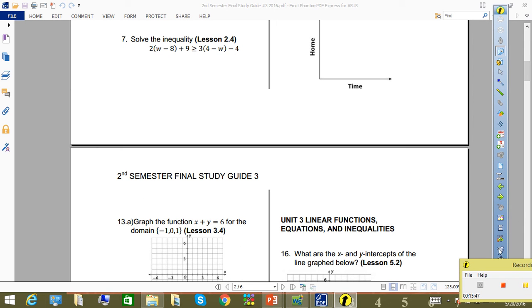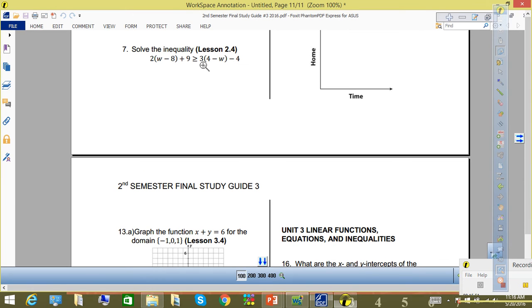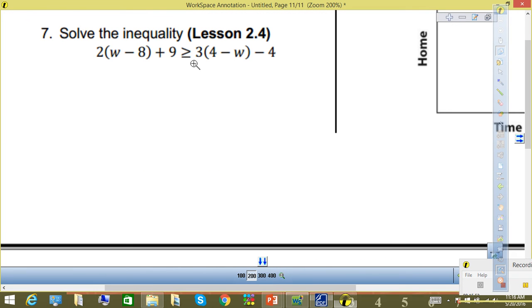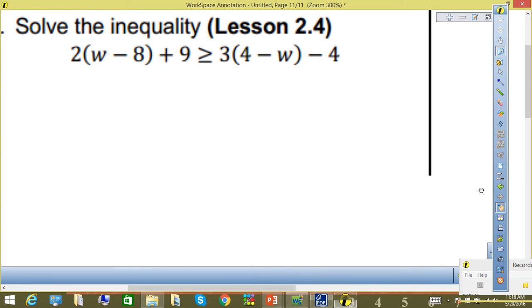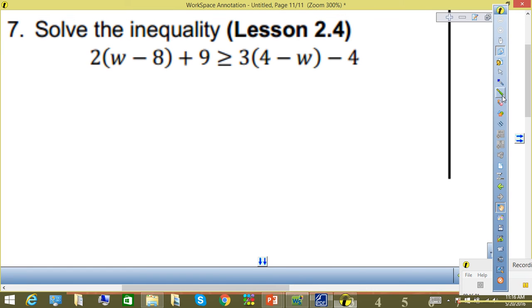Problem number 7. Let me zoom in. It says solve the inequality. So line down the inequality symbol. Now, I know some of you or most of you already finished it, but let's do this together on a blank sheet of paper so you can get extra practice.